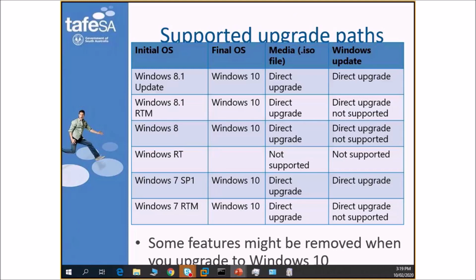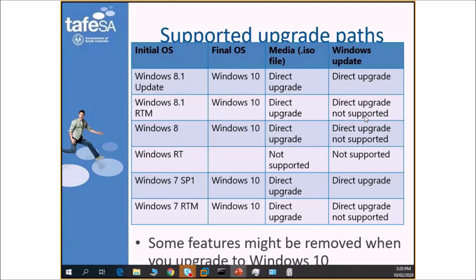We can upgrade from Windows 7 SP1 RTM. There's a direct upgrade. You can see there's a direct upgrade, means you can upgrade directly from them. And anything else besides the ones that are listed with direct upgrade, you cannot. Okay. So, well, anything else other than these ones mentioned, it's probably too old anyway.